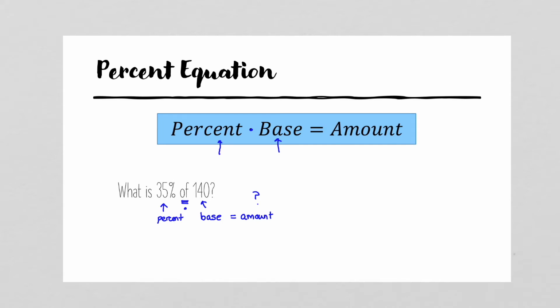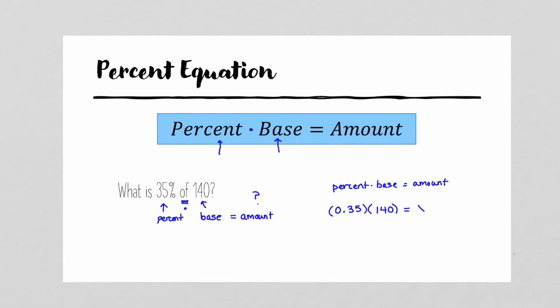So how would we go about solving this question? What is 35% of 140? Well, it's actually pretty simple. We simply take our percent equation, which is percent times base equals amount, and we fill in our given information, namely percent 35%, which I'm going to write as the decimal 0.35, so my percent, times the base, 140, equals the amount, which is unknown.